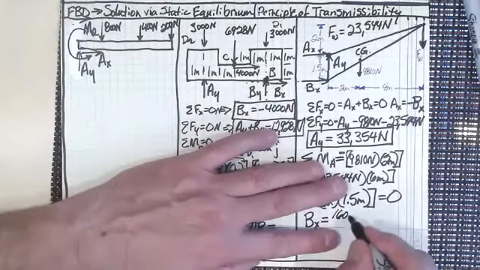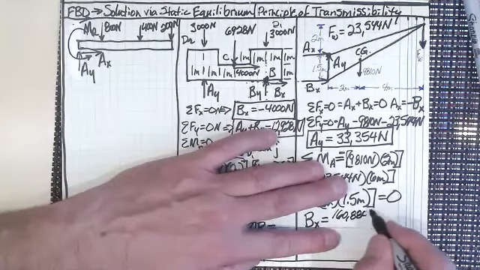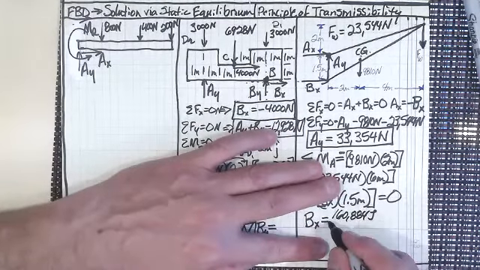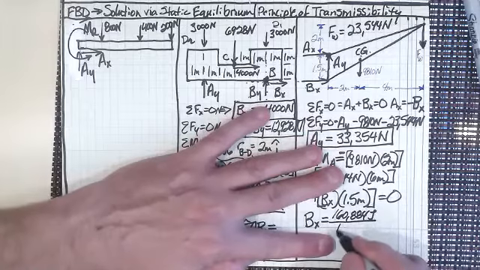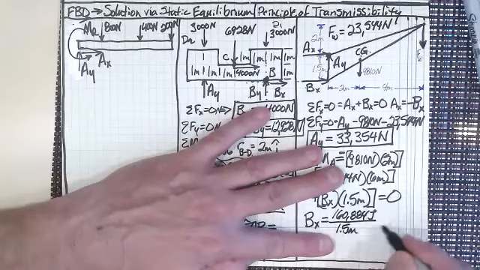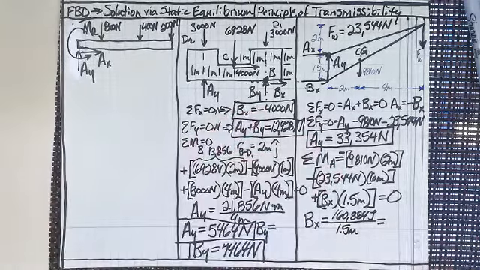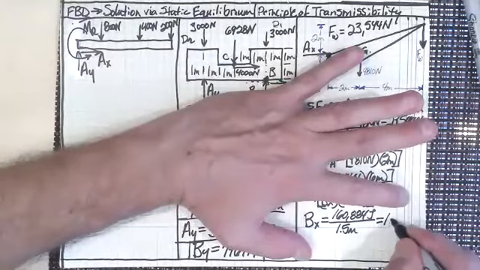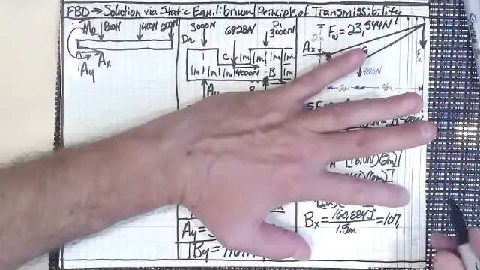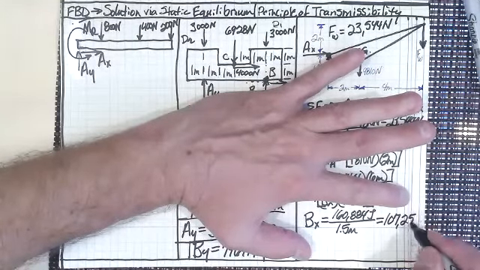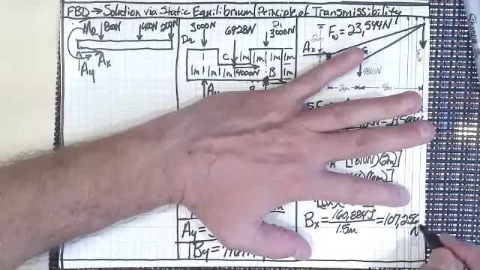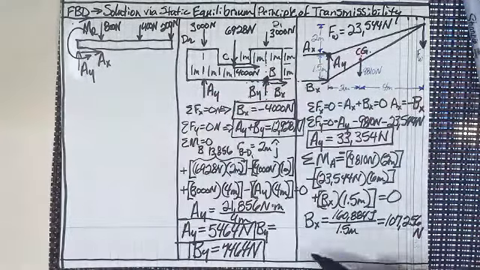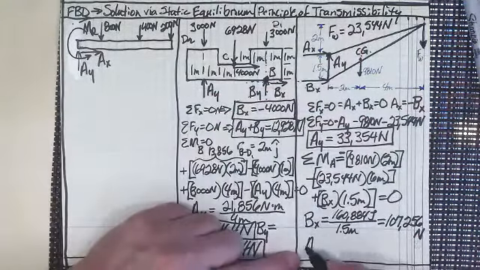So 160,884 joules or Newton meters, if you want to think of it in those terms, divided by 1.5 meters gives us 107,256 newtons.